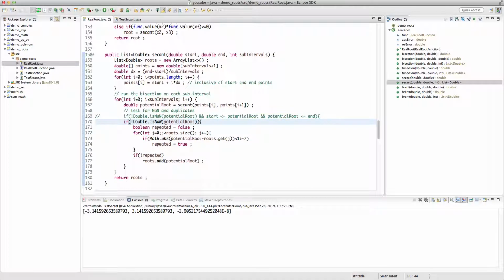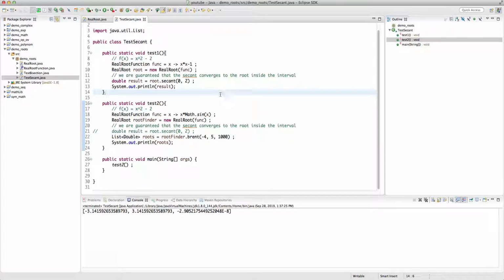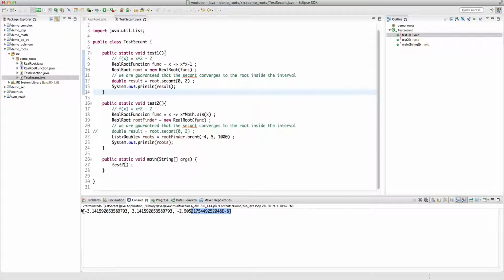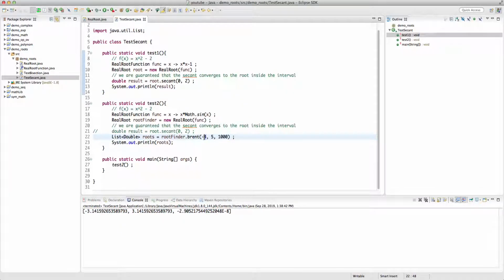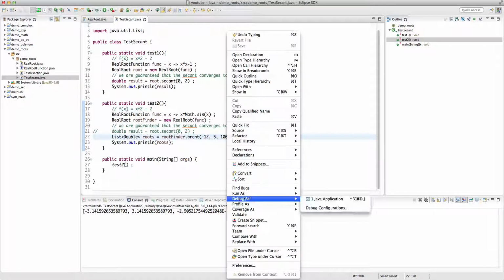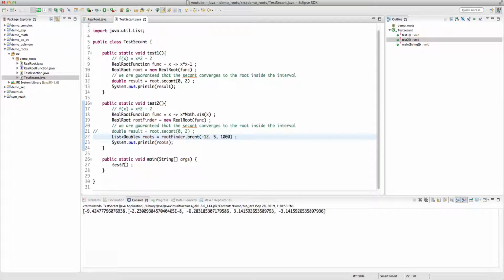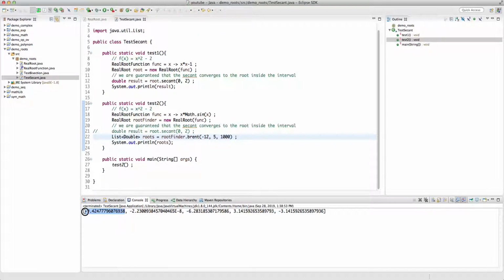So there is no worry about whether or not it's between the start and end. It's guaranteed to be there. Let's make sure that this happens. Minus pi, and 0. Yes. And let's increase the interval, minus 12. So we get minus 3 pi, 0, minus 2 pi, and minus pi.